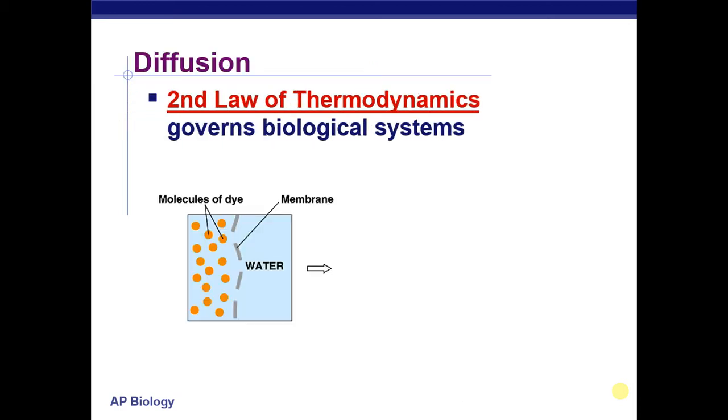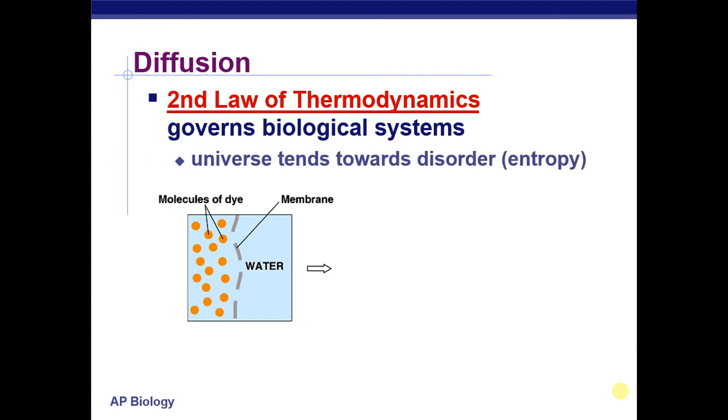So the main way that things pass from one side of the plasma membrane to the other is through diffusion. And so this is like how small nonpolar substances go right through the plasma membrane. Right? It has to do with the second law of thermodynamics, okay? And that says that the universe tends towards entropy, increased entropy or disorder.